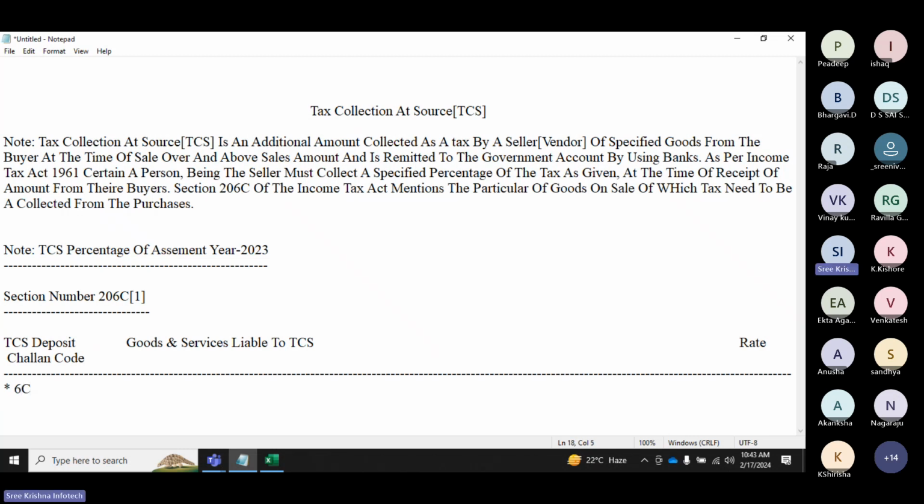6CA. Alcoholic liquor for human consumption.